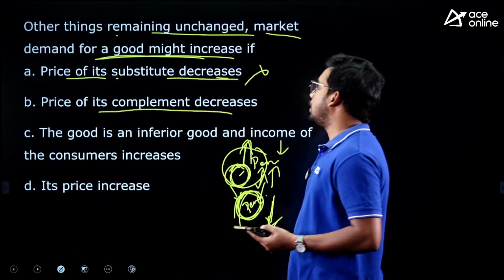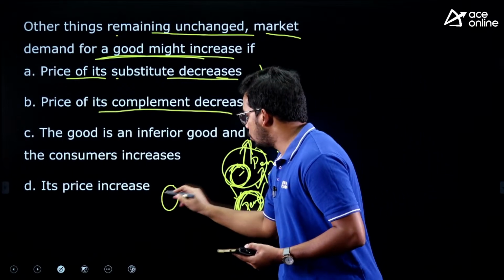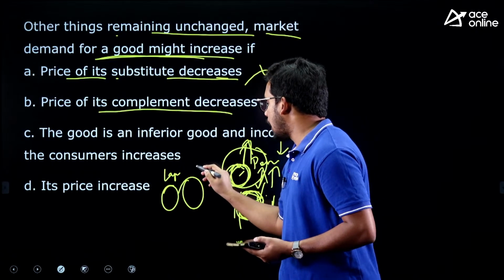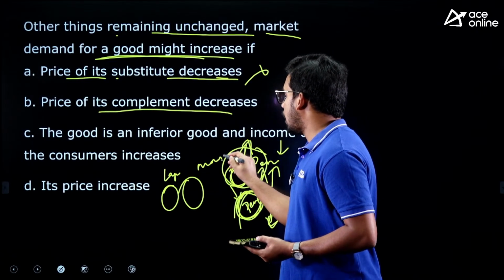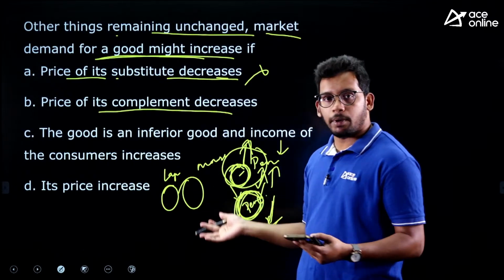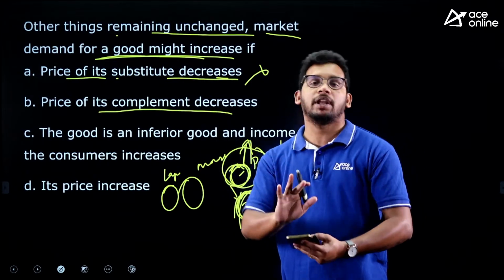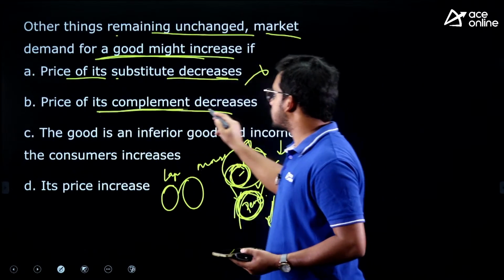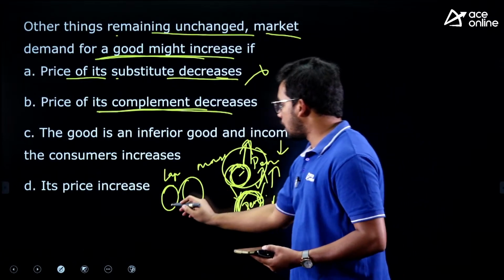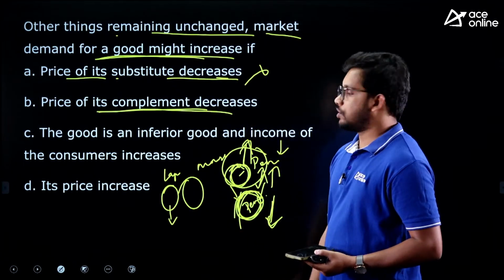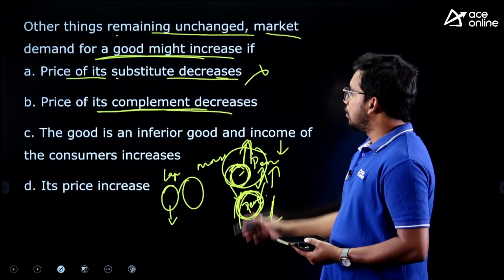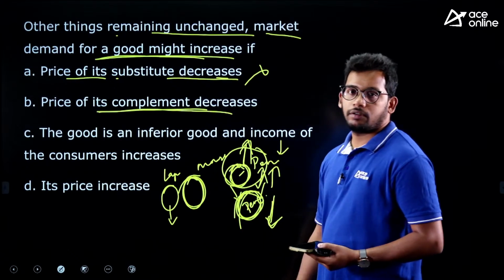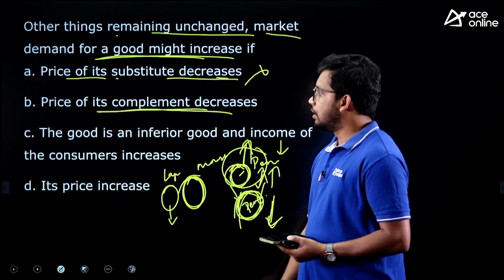Price of its complement decreases. We have complements like a TV and remote, or laptop and mouse. These are two complementary goods. You can use them only in combination, you cannot substitute. Both are required to work, right? Say, for example, the laptop price decreases. Now will the demand for the mouse increase or decrease?